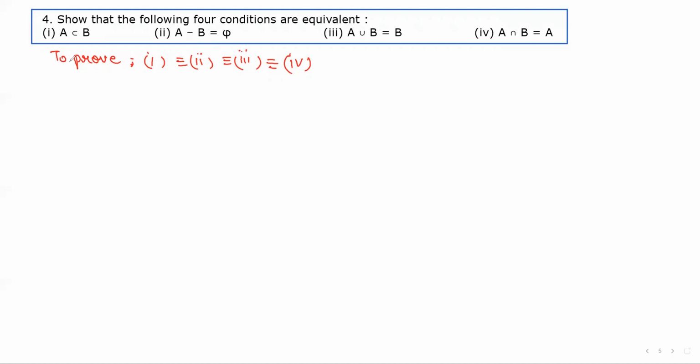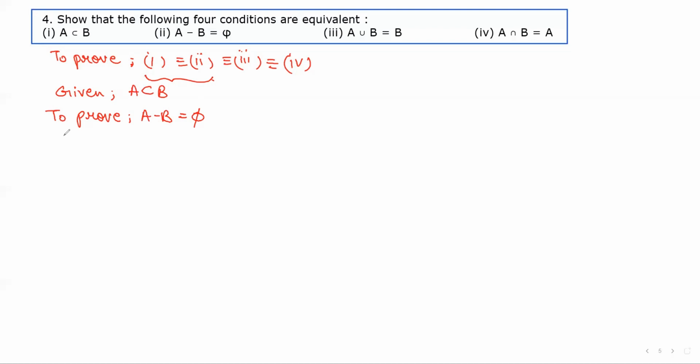Let's consider first and second, and let's try to prove that the first condition is equivalent to the second condition. So in this case, your given part would be A is a subset of B, and you have to prove that A minus B is equal to the empty set. Either you can do it by considering an element, or you can do it by contradiction.